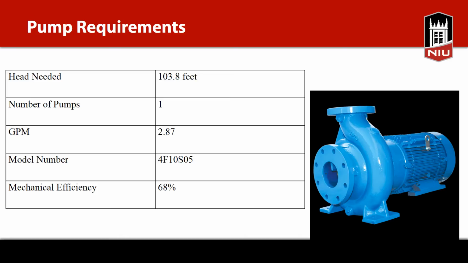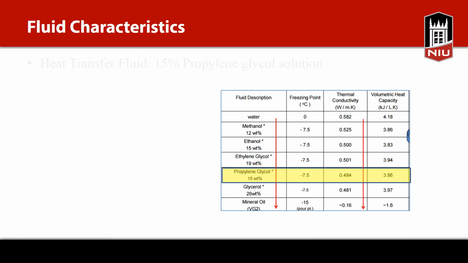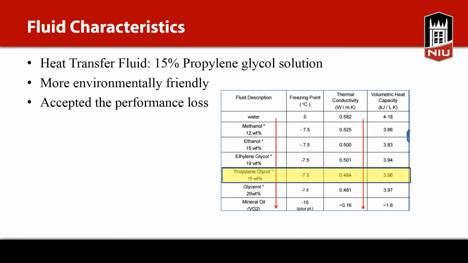of 67%. The heat transfer fluid used in the system is a 15% by mass propylene glycol solution, which is a mix of propylene glycol and pure water. This is because it is safer for humans and animals, it is environmentally friendly, and it has an anti-freezing additive.